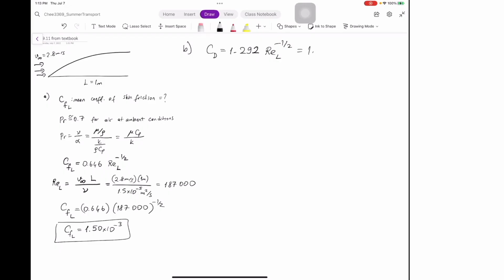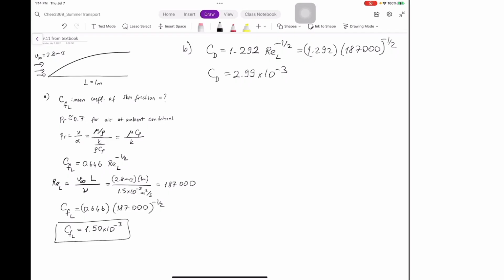From here, CD comes out to be 2.99 times 10 to the -3.